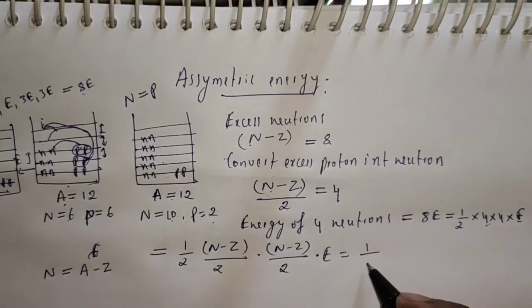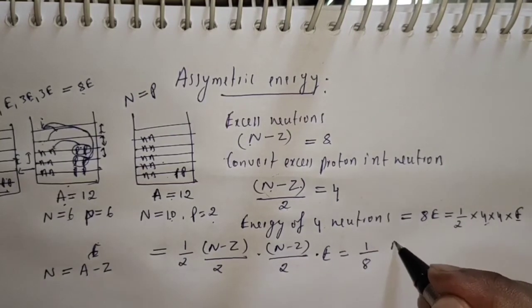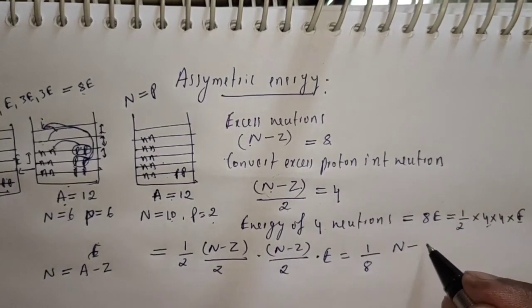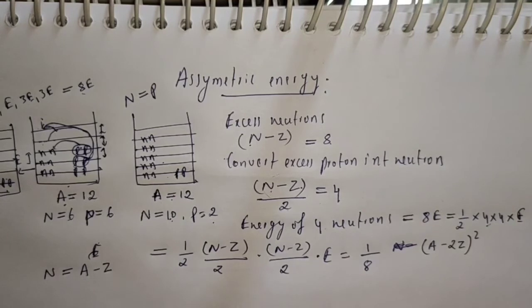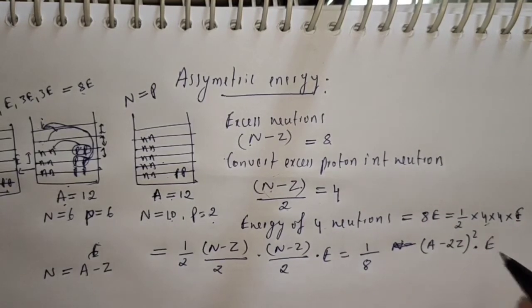So totally 1 by 8 n minus A minus 2Z whole square into E.